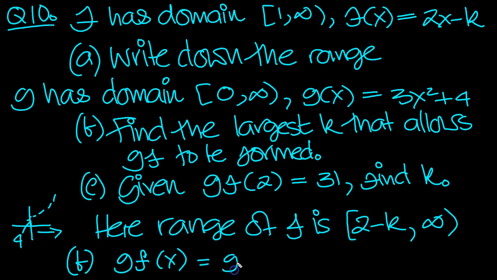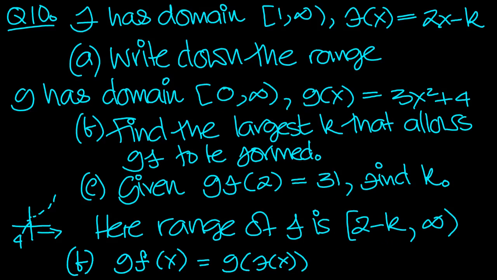Now, the range must lie inside the domain of g, mustn't it? The range of f, these values, must lie inside the domain of g for it to be formed. The range of f is this, so this must sit inside 0 to infinity.